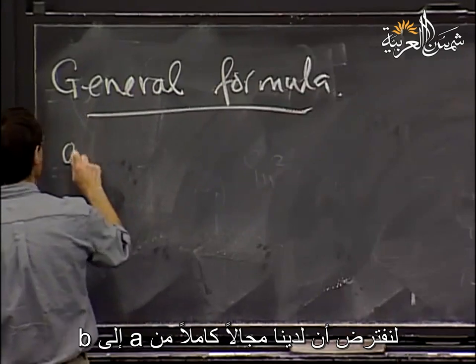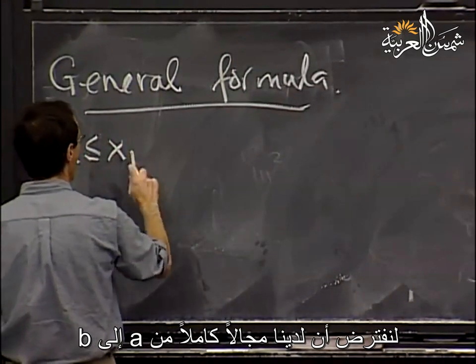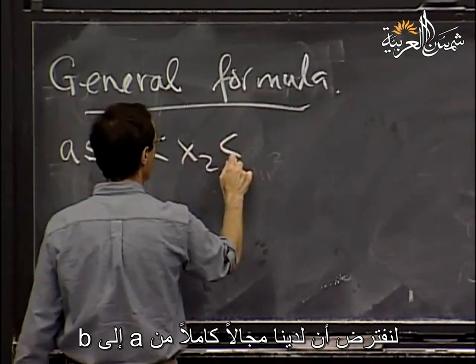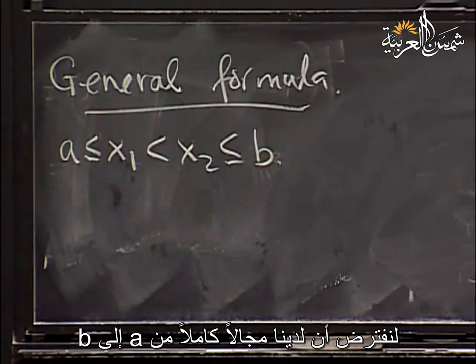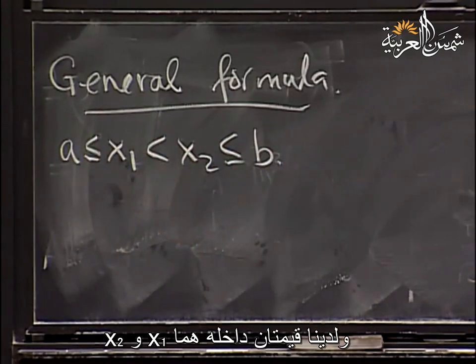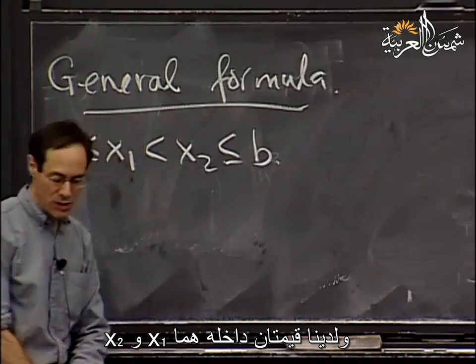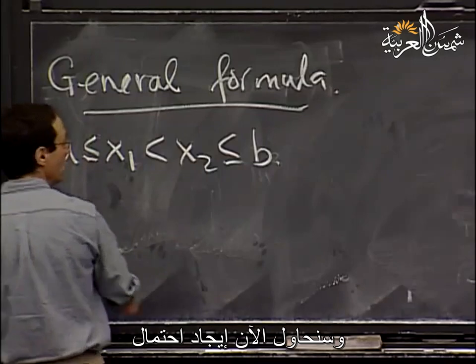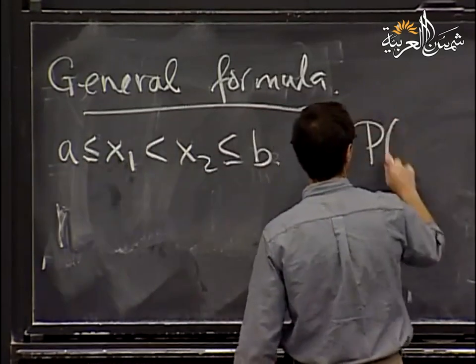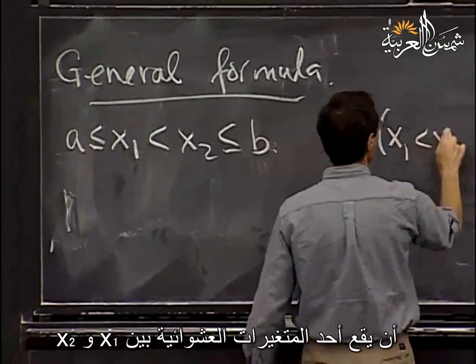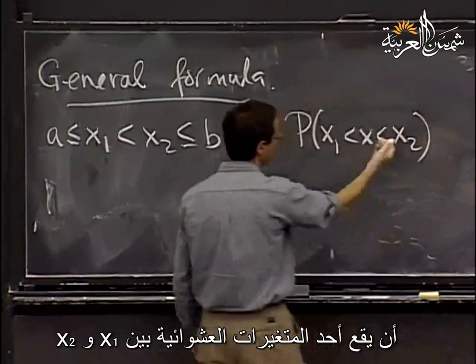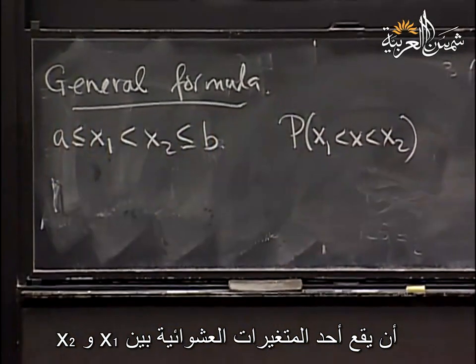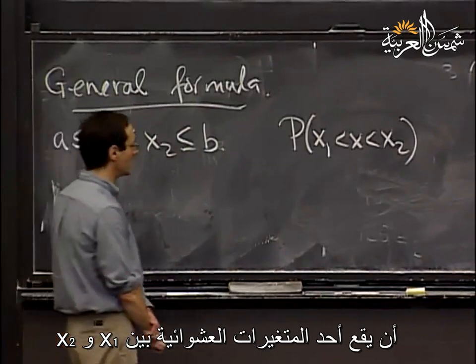We're going to imagine that we have a total range which is maybe going from A to B, and we have some intermediate values, x1 and x2, and then we're going to try to compute the probability that some variable that we've picked at random occurs between x1 and x2.